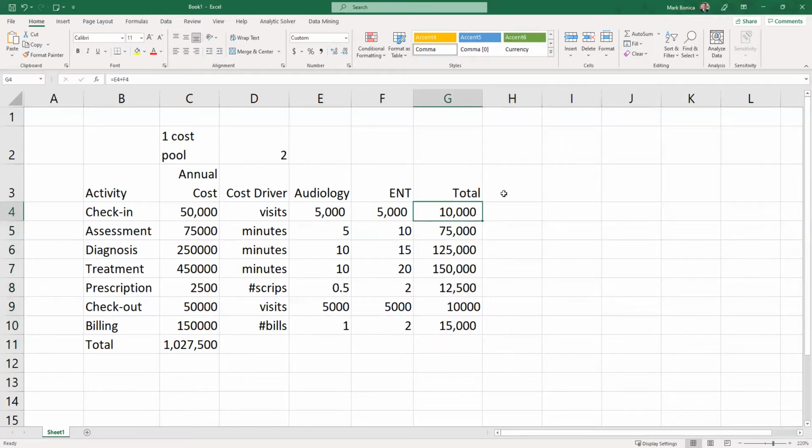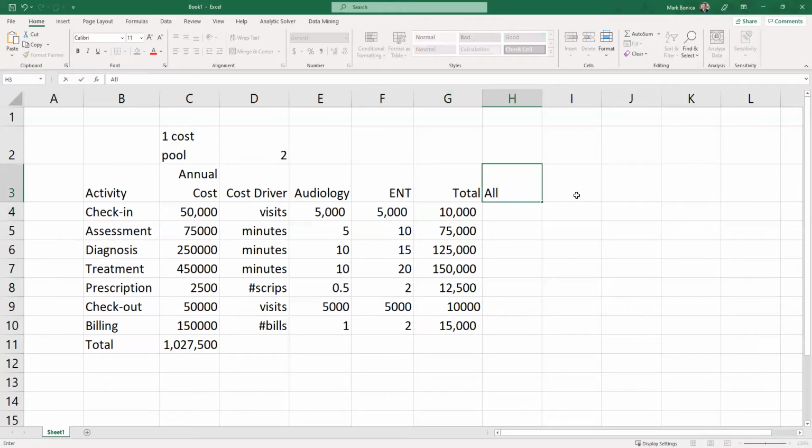Because what we're going to do next is calculate our allocation rate. Our allocation rate is going to be our cost pool divided by our driver.